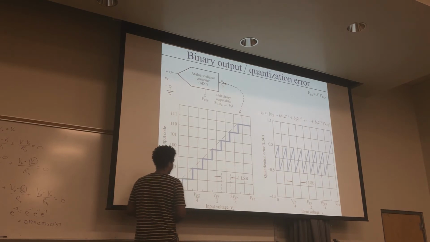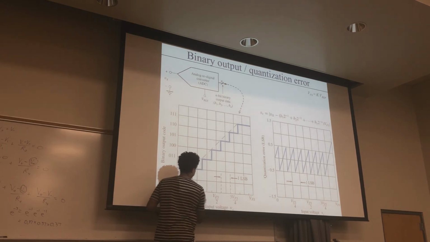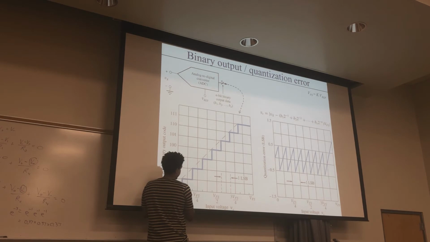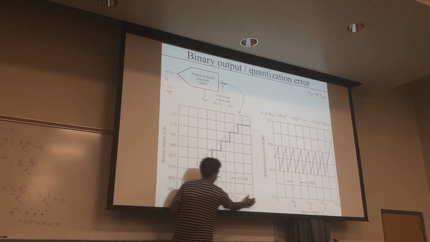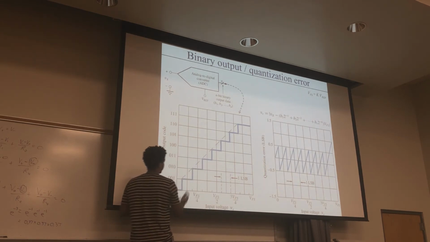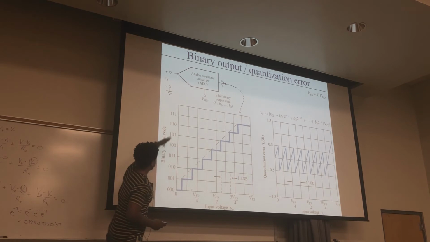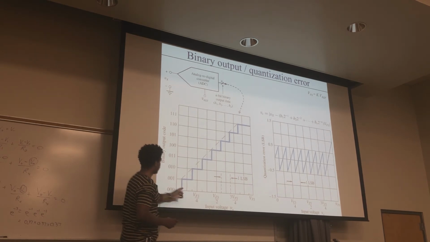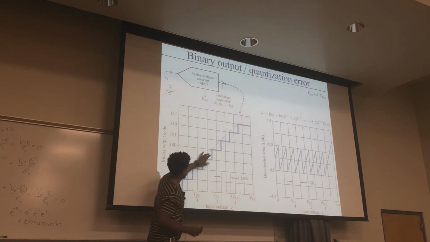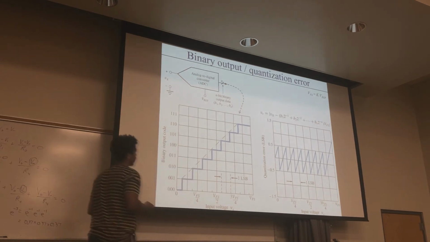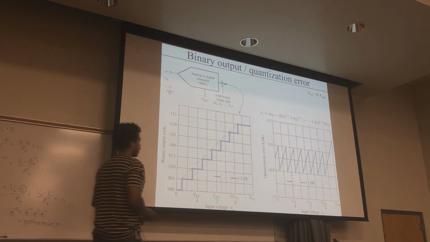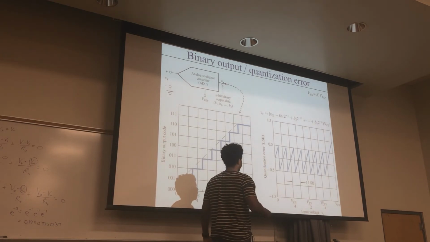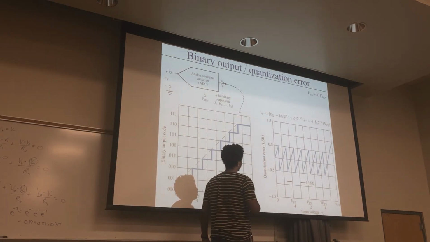Okay, so your voltage comes in at some proportion of this full scale, so it goes from 0 to full scale, right? So that's your input, and here's your output in terms of binary. And so what happens, you have these quantized jumps in here, and we'll talk about how those happen. Now, this is also your input right here, but here's your quantization error.